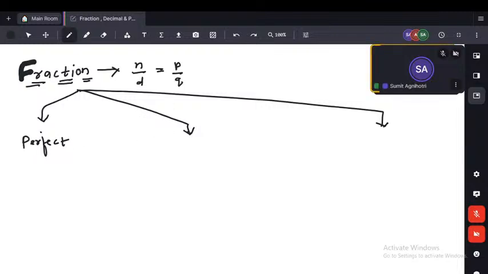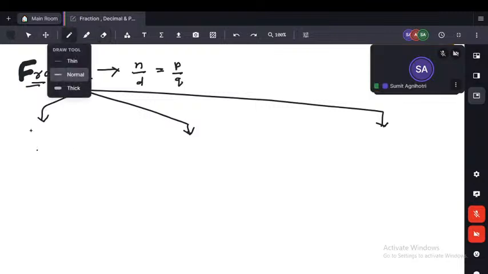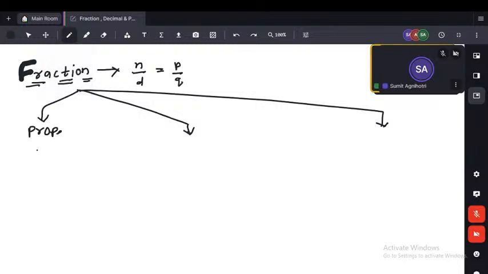There is the proper fraction (we generally say proper rather than perfect), the improper fraction, and the mixed fraction. In this way there are three types of fractions that we have.